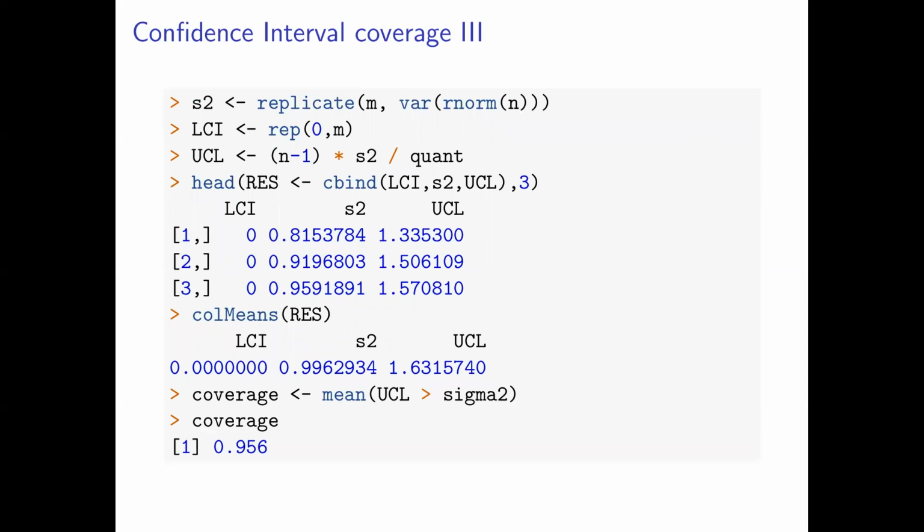What we want to replicate is what's happening when we actually plug this into the construction of confidence bounds. And here we have the lower and the upper confidence interval boundary. And we end up with these confidence intervals for different types of simulation. And we see the coverage, although we wanted to have 95%, is 95.6%.